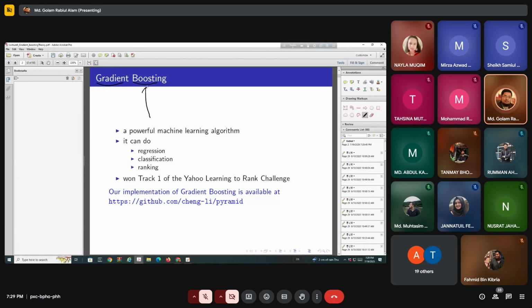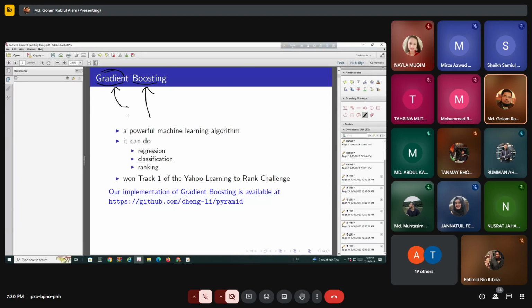As I already mentioned, boosting refers to a family of algorithms where we create the weak learners and then boost them up using some methods. And gradient here means we will utilize the shortcomings of our previously learned weak learners using the gradients.